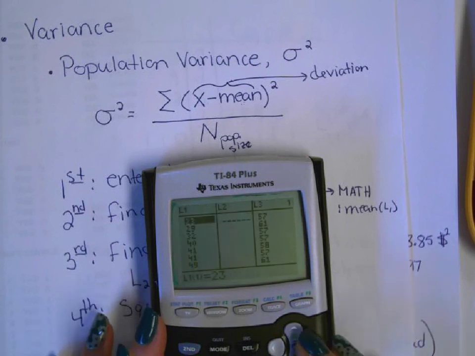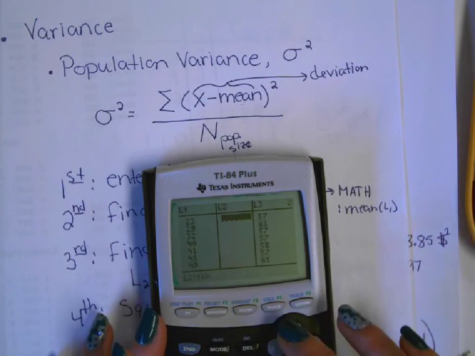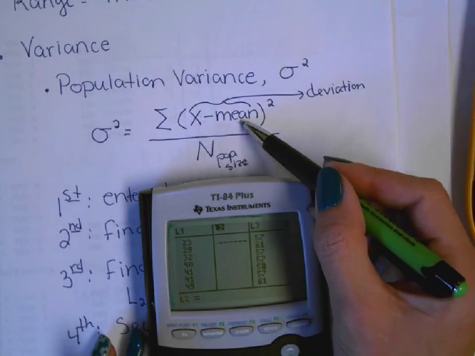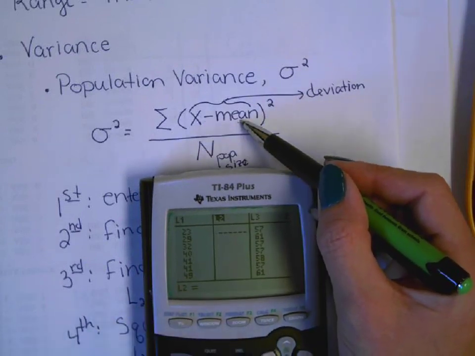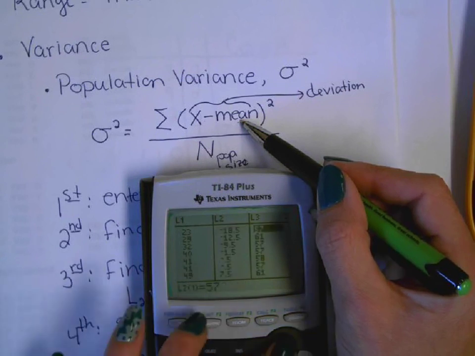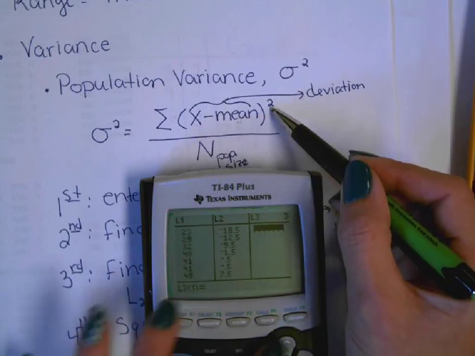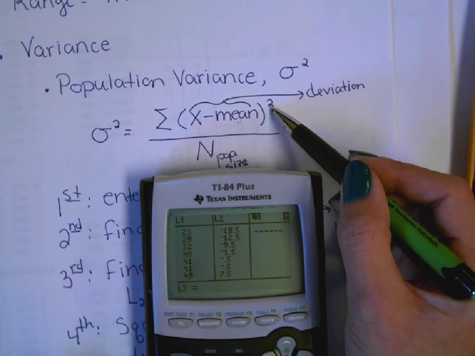Stat, edit, clear. So I say, formula says take all of my x values, subtract the mean. So I'm going to tell it L1 minus 41.5. Done. Go over to list 3, clear it out. Now I've got to square all of those values. They are sitting in L2.